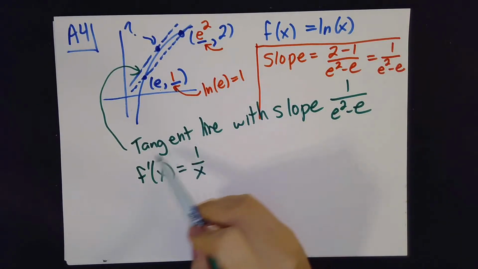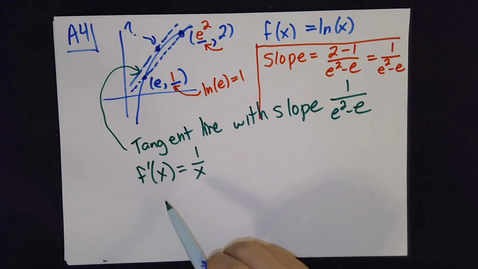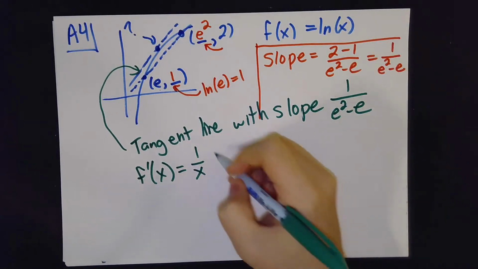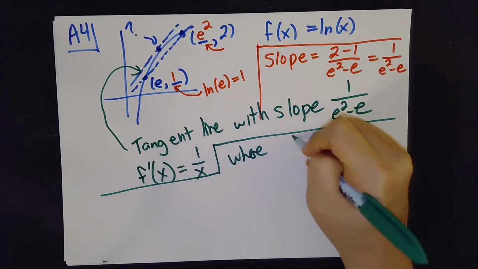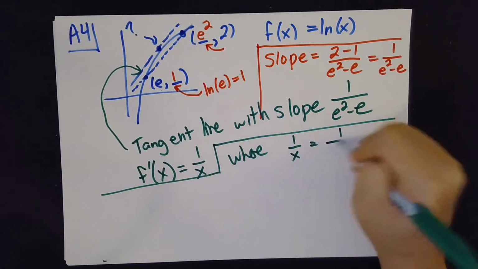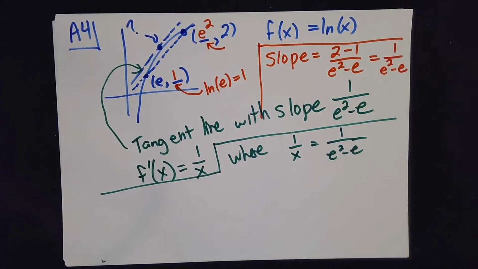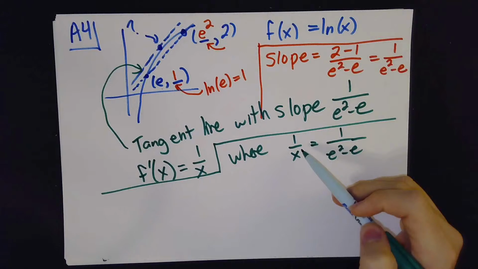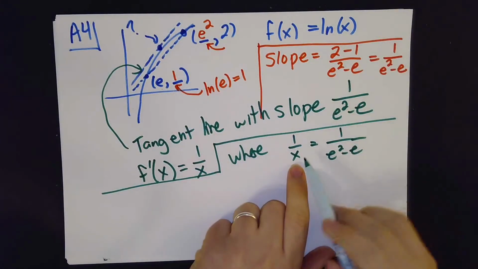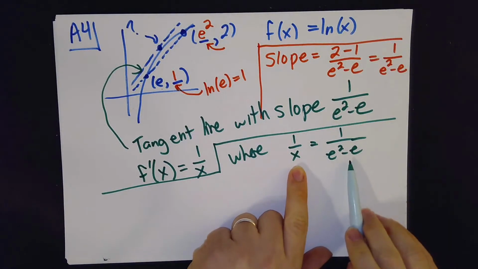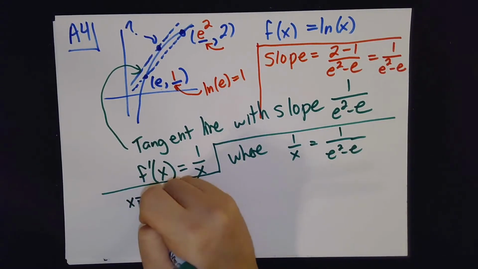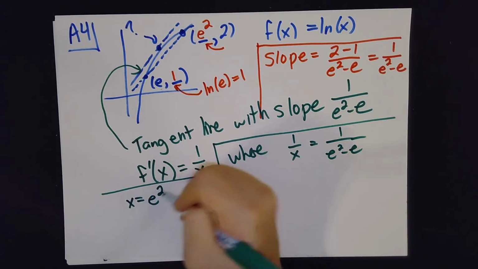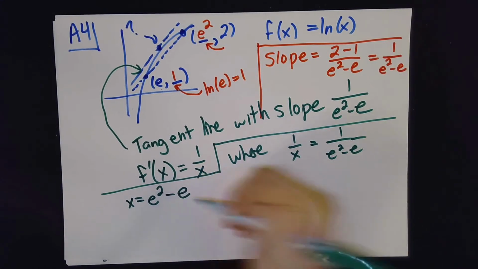Remember, this tells me the slope of the tangent line at each place. So I'm looking for the point where 1 over x is 1 over e squared minus e. Namely, I'm looking for the place where the slope of the tangent line is that. Fortunately, if I just cross multiply, it gives me right away that the answer is that I'm looking for e squared minus e.